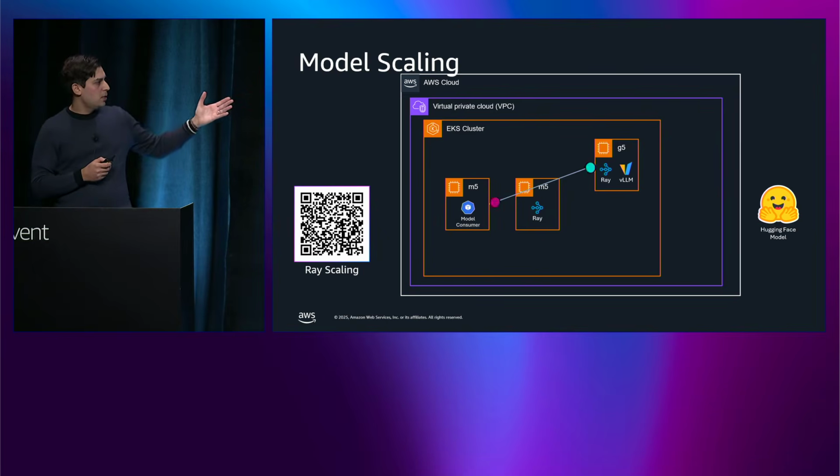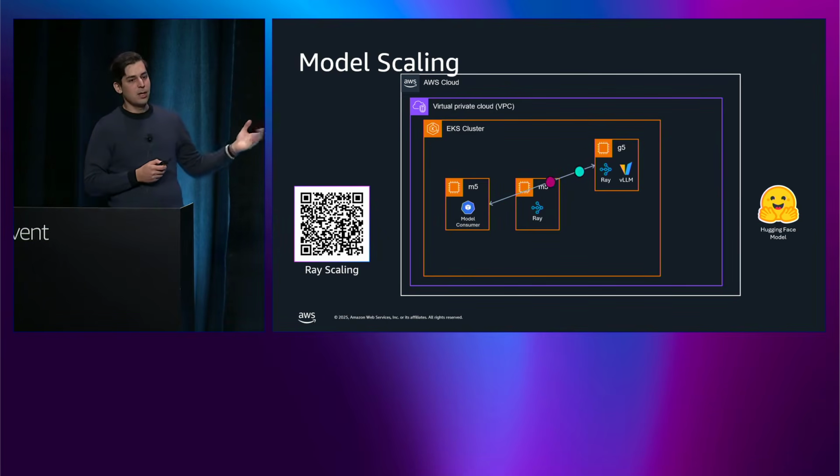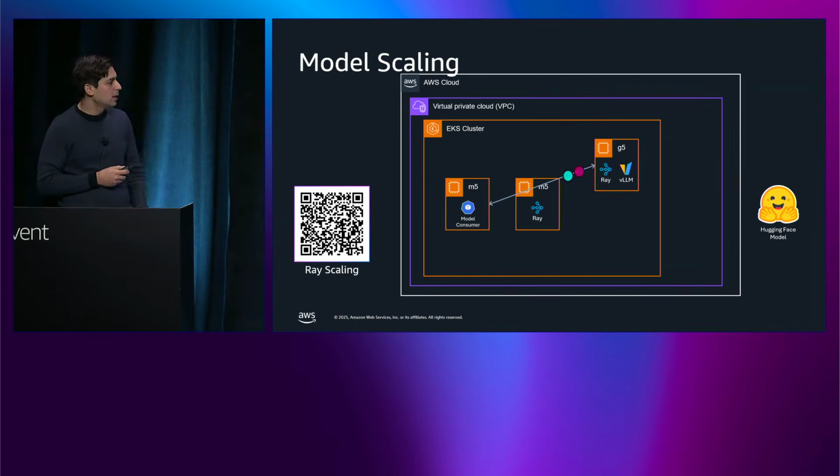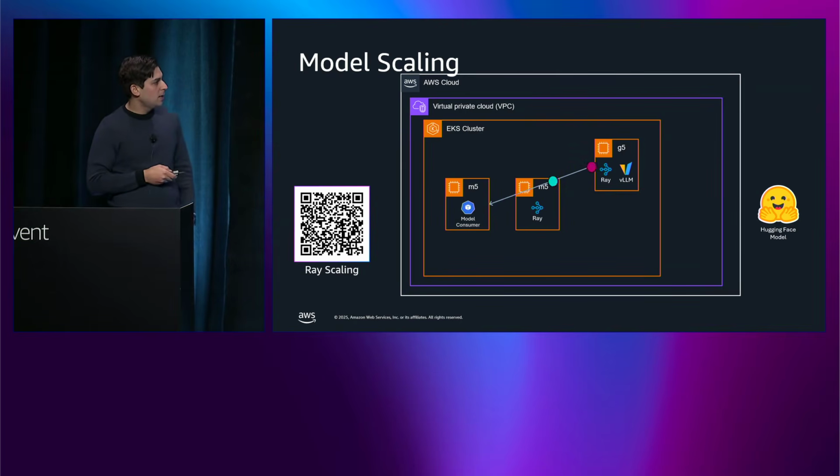In this case, you can see we have a consumer, and it's sending a lot of requests way faster than our responses are coming back. Ray, the head pod, is going to be able to see that there's an issue, that these requests are queuing up. It's going to automatically create another replica.